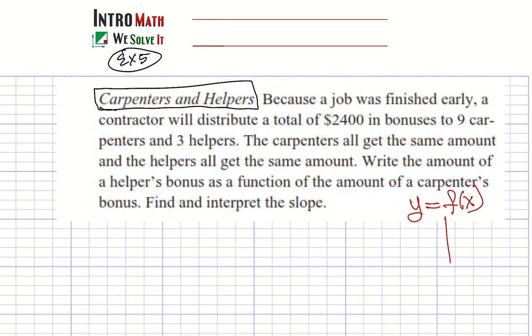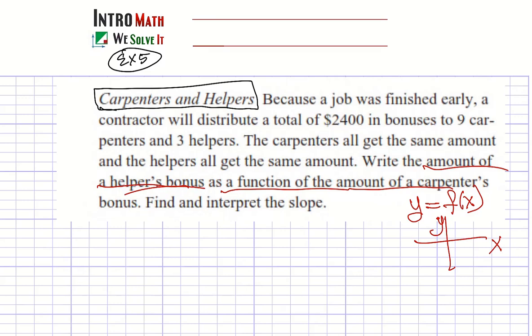It means you have x and y here, and we say y is a function of x. But in our problem, the amount of helper's bonus is a function of the amount of carpenter's bonus. So basically, it's a function of something.